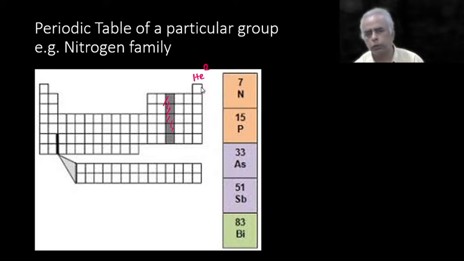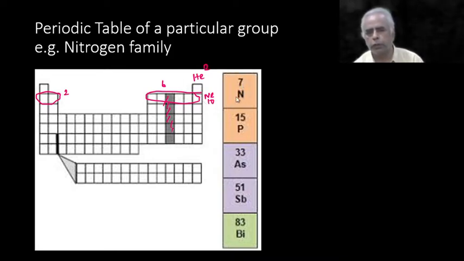So it should be 2 plus 6, 8. So this is 2 s2, and here you have 6. So you can add 2 plus 8. So neon will have 10.